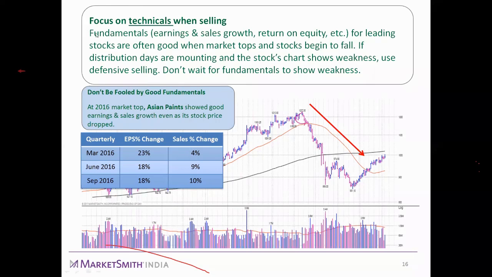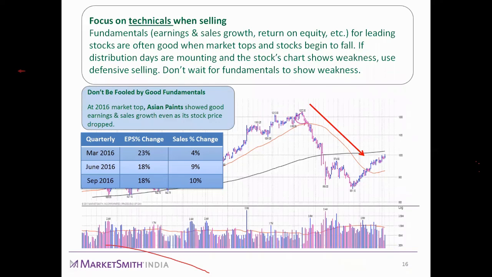When we talk about fundamentals, we talk about earnings and sales growth, return on equity, etc. Leading stocks often have good fundamentals when the market tops and stocks begin to fall. Fundamentals are normally very good when stocks are topping out, because when any stock is moving, the main thing driving the stock price is the EPS and sales growth.